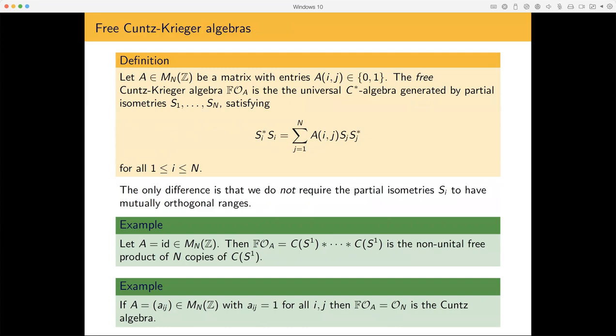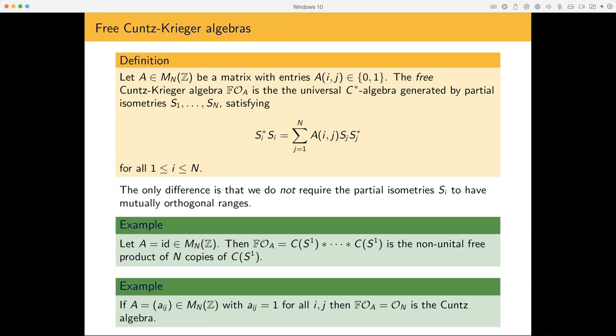So in the two examples that I've listed, instead of having a direct sum, in this first example, you now get a free product of the corresponding algebras. In the other example, nothing changes, because there is only one vertex, so there is no condition to be taken care of.